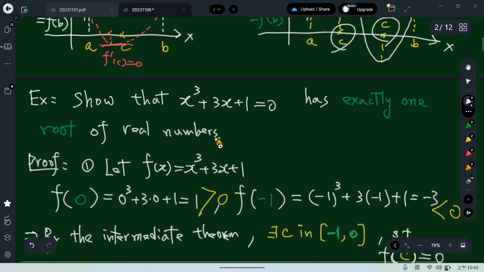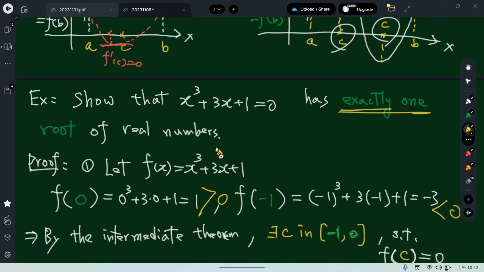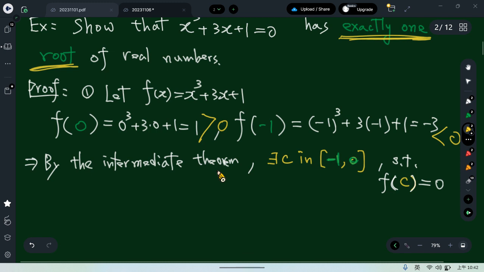But this time, the problem asks us to prove that there is exactly one. So far, we just show that there are roots, but I'm not sure how many roots there are between minus 1 and 0. Maybe minus 0.5 is positive, then minus 0.3 is negative, and we can have another root there, right?